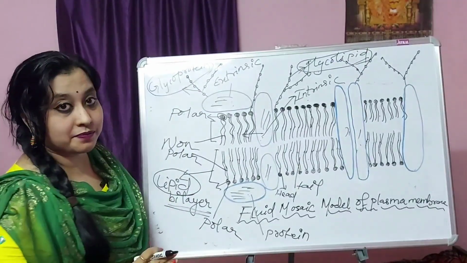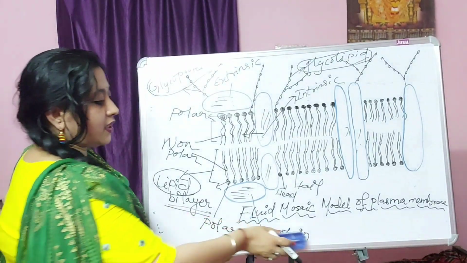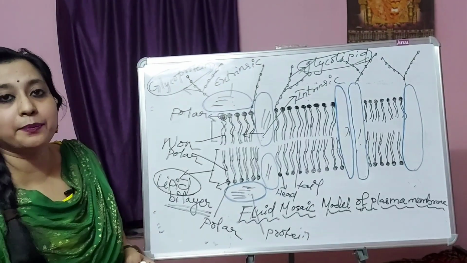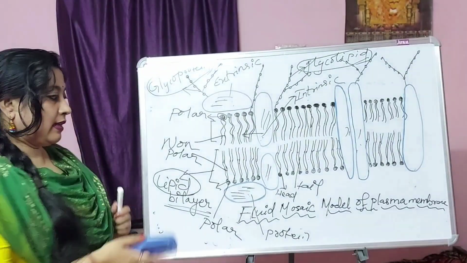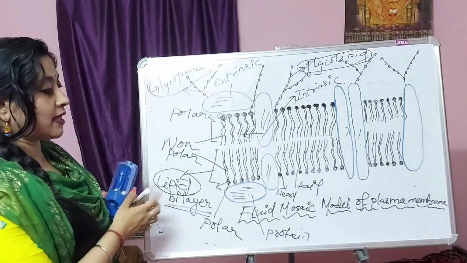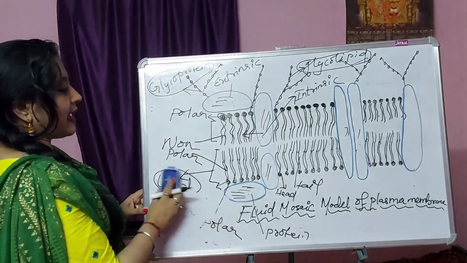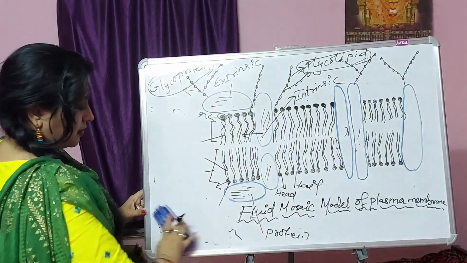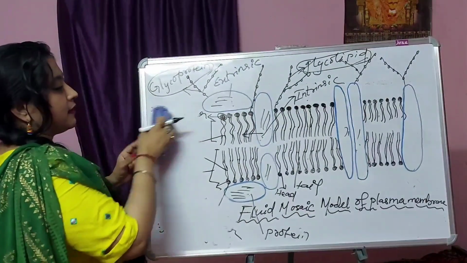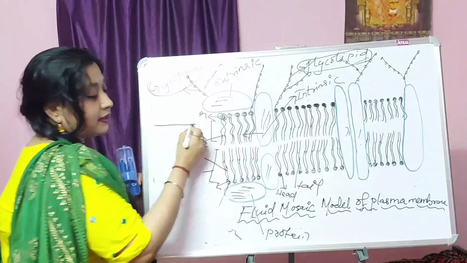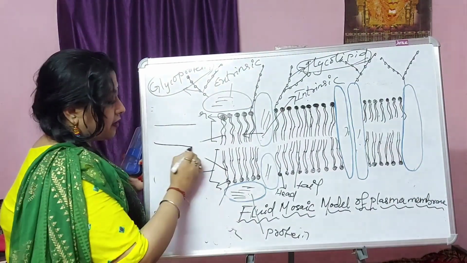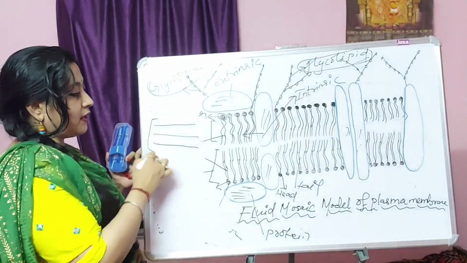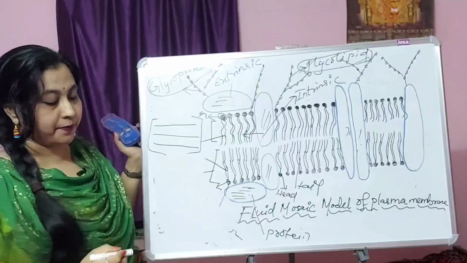Now come to the model. Danielli and Davson put forth the sandwich model hypothesis, about how the lipids and protein molecules were arranged. According to them, this is the layer of lipid, this is the layer of lipid, then this will be the layer of protein, like a sandwich.